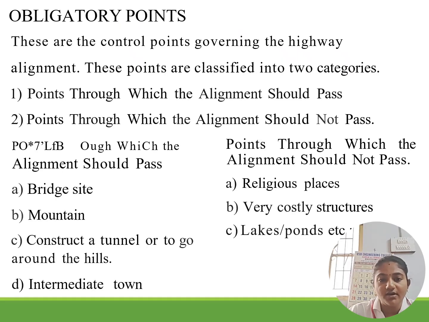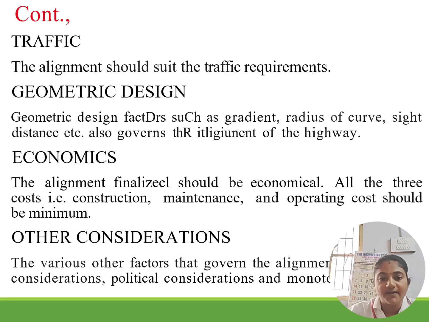Obligatory points are the main points that govern the highway alignment, which include points through which the alignment should pass and through which the alignment should not pass. It should pass the bridge site, mountain, construct a tunnel or go around the hills, and it should not pass through religious places and very costly structures, lakes and ponds.